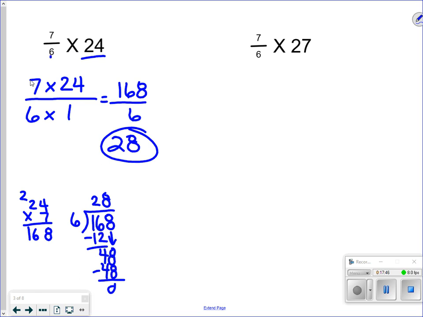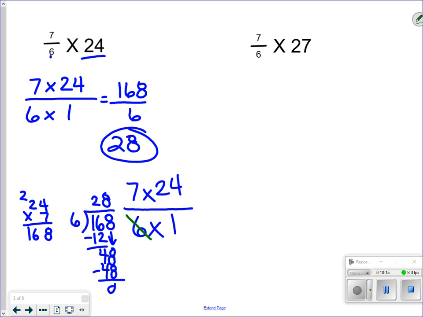Your number got larger. So if you were doing Smush Math 2.0, then 7 times 24 over 6 times 1, hopefully you notice that 6 can go into 24. How many times can 6 go into 24? 4 times.